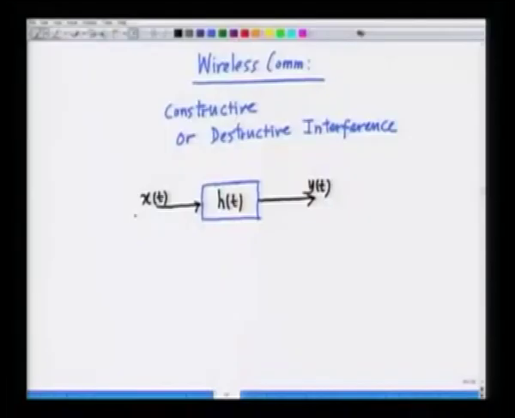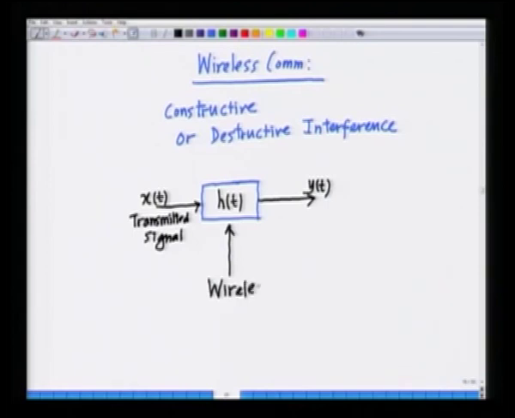So, x of t is the transmitted signal, h of t is the wireless channel, and y of t is the received signal.